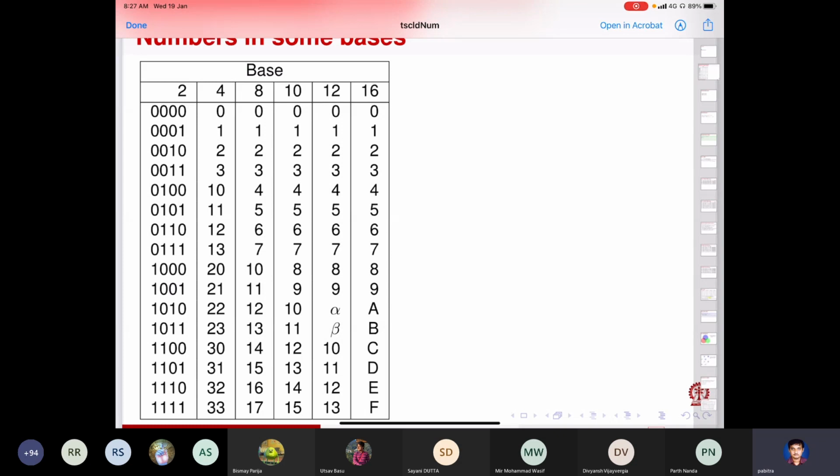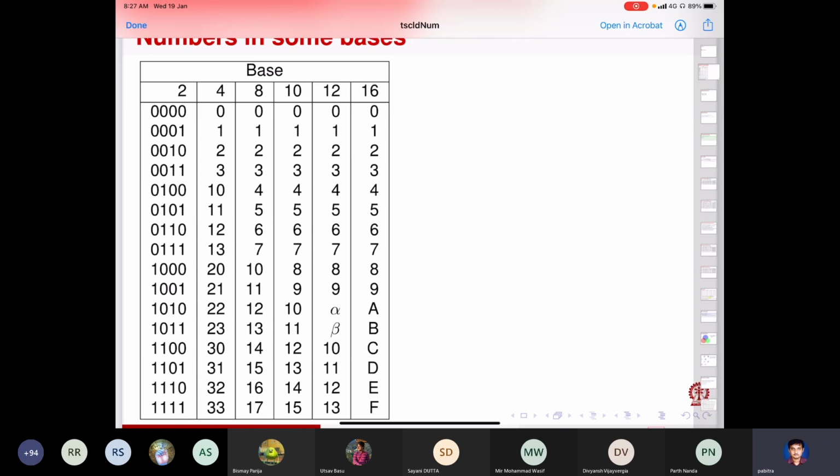Let us look at base 12 and base 16, since it's obvious up to 2, 4, 8, and 10. I would like to mention the symbols that we use for the digits. For 12 and 16, for 0 to 9, it's the same decimal digits.